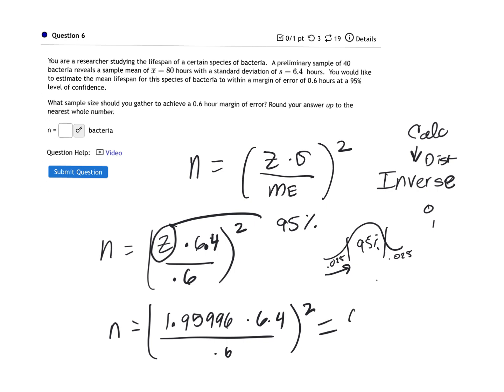And we get 437.07. We round that up to 438. Even though this is such a small number, we always round up if there's any decimal at all, because you can't have 0.07 of a person, and you want to guarantee that you have the correct margin of error. So you take one more than what you thought.